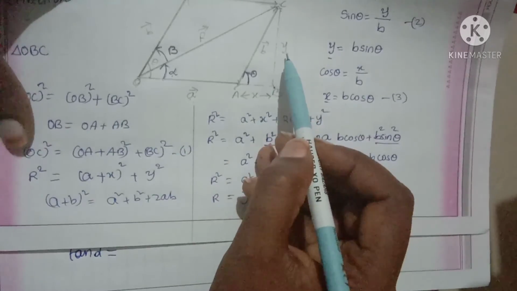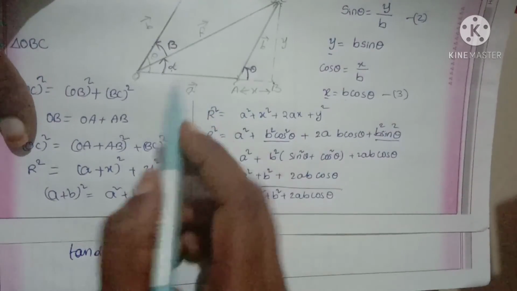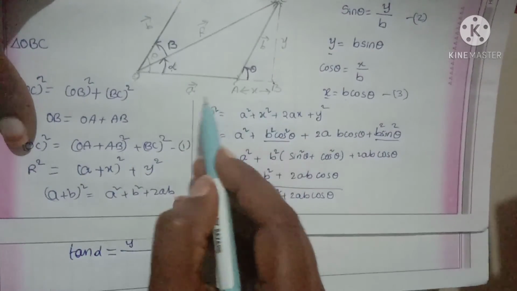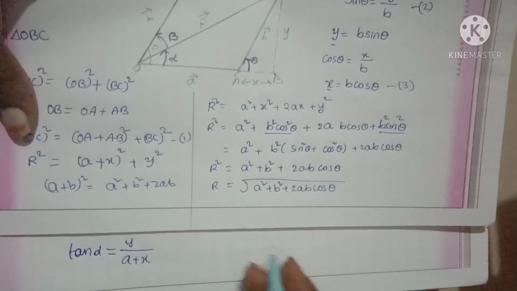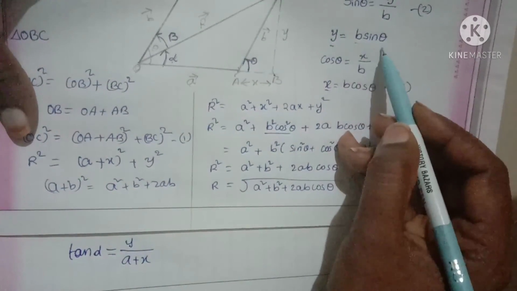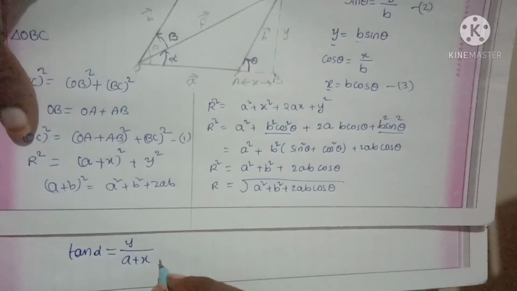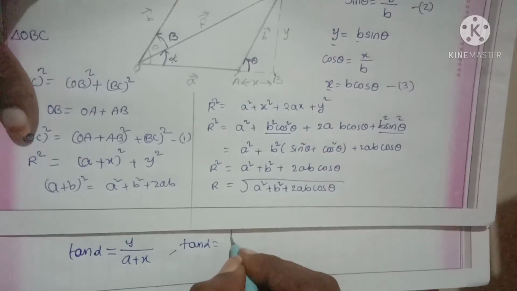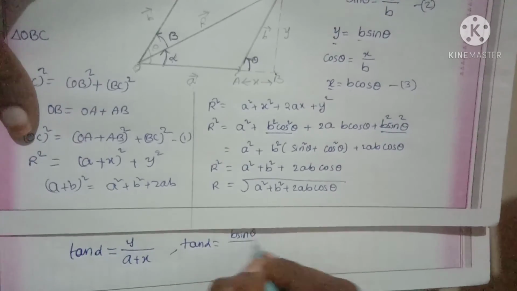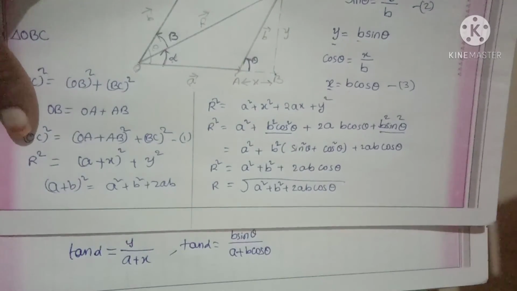The opposite side is y, and the adjacent side is a plus x. Already you know the y formula is b sin theta and the x formula is b cos theta. Now substitute these two here. We get tan alpha equals b sin theta by a plus b cos theta. So this is the formula for tan alpha.